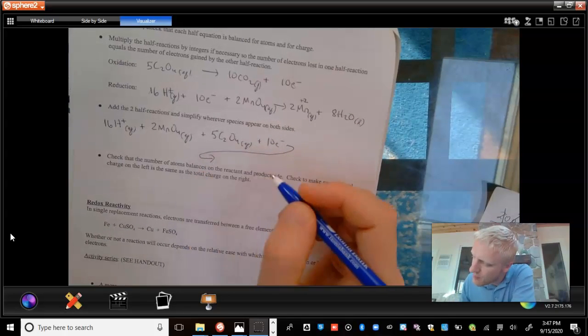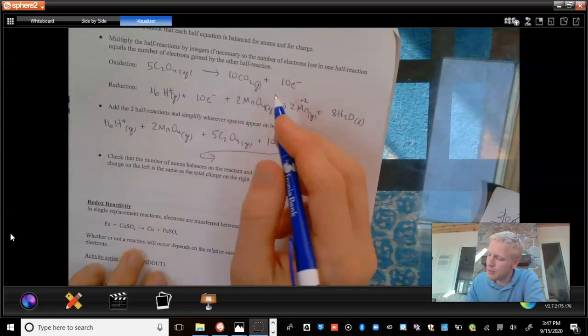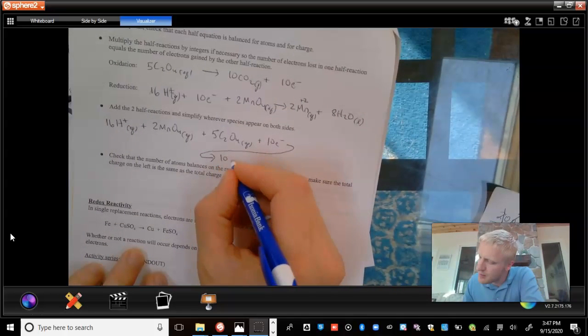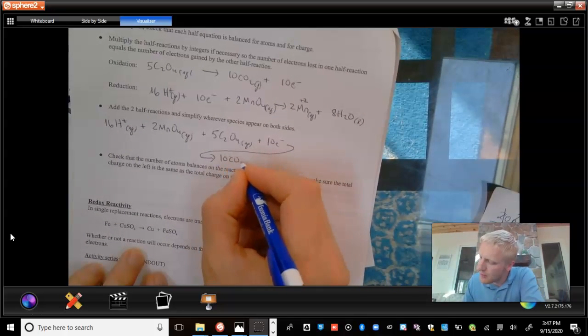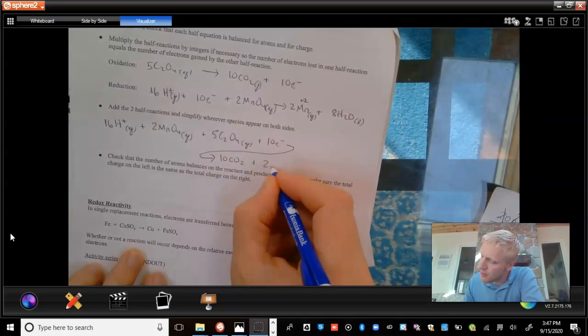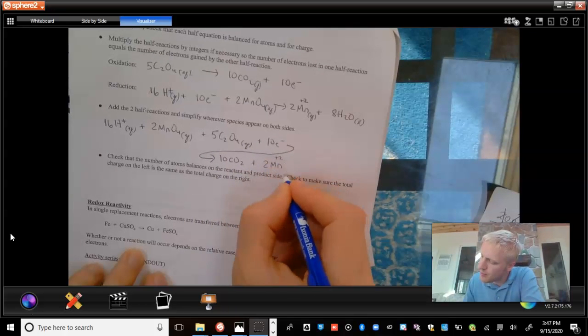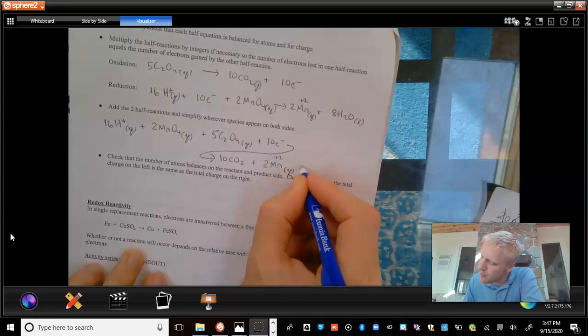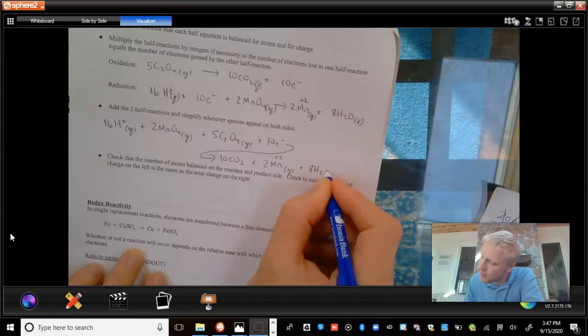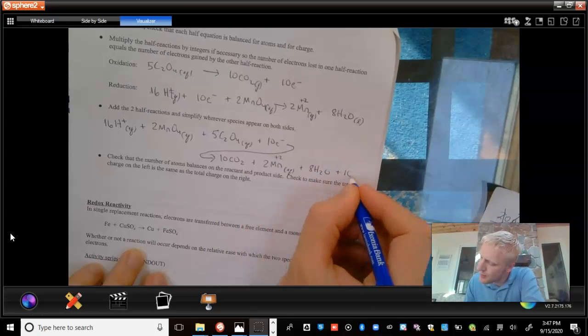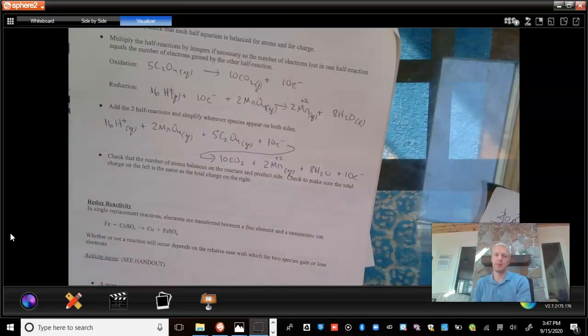This produces 10 CO2 plus 2 Mn plus 2, plus 8 H2O plus 10 electrons.